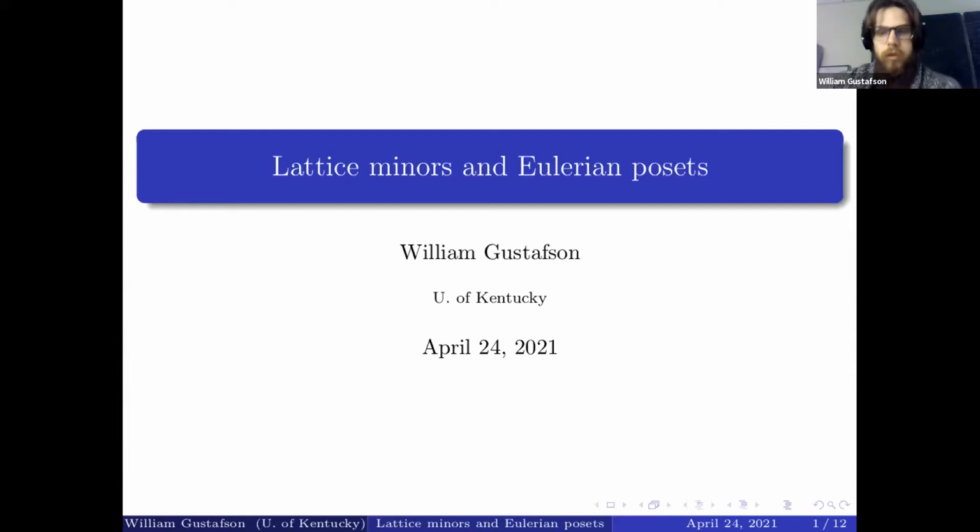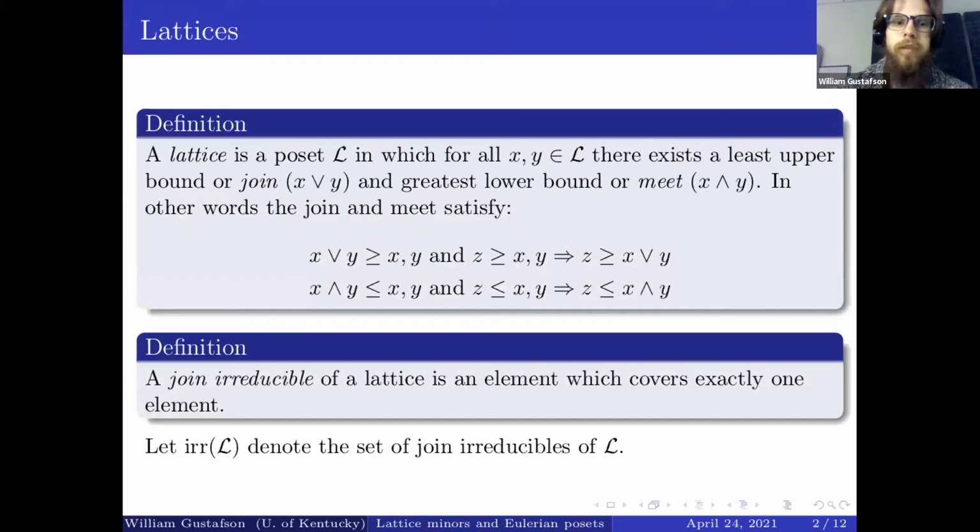So start with a few definitions. A lattice is a poset in which for any two elements, we have a least upper bound called a join and a greatest lower bound which we call a meet. There are some equations for what that means precisely. The other important notion here is join irreducible.